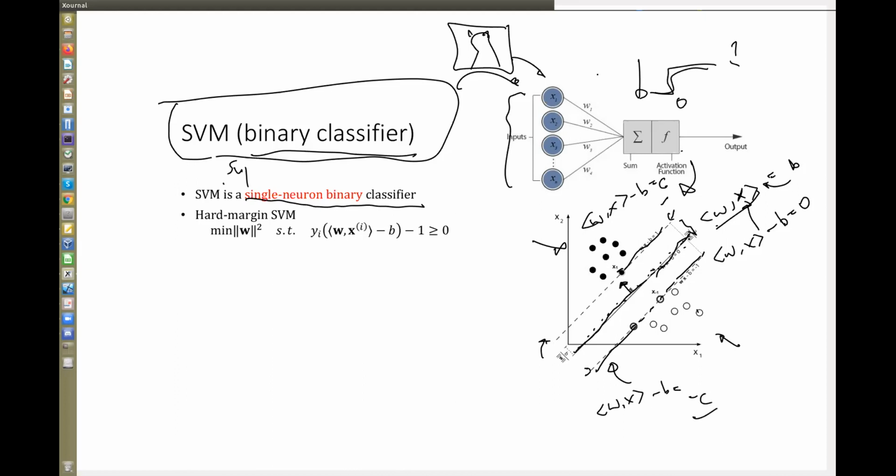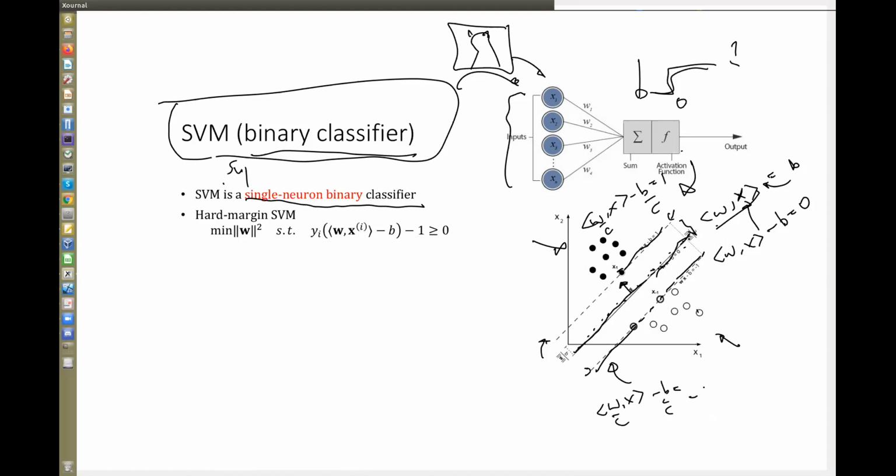By the way, I can normalize both equations by c. What I mean is I can divide everything by c, so I have W over c and b over c.